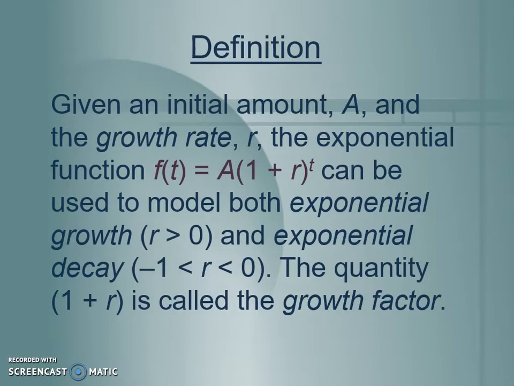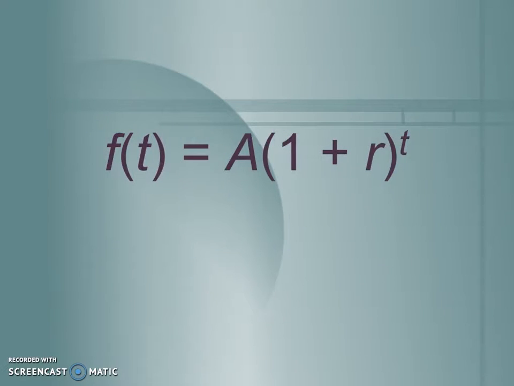So that's a lot. If I were you, I would just write this in your notes and then label a few things. So first thing I would label is that they told us A is what? A is our initial amount. So A is the initial amount. Then it says 1 plus r is the growth factor.